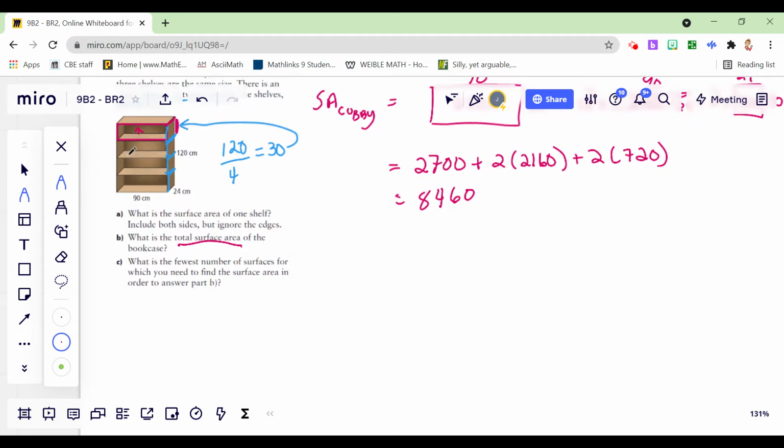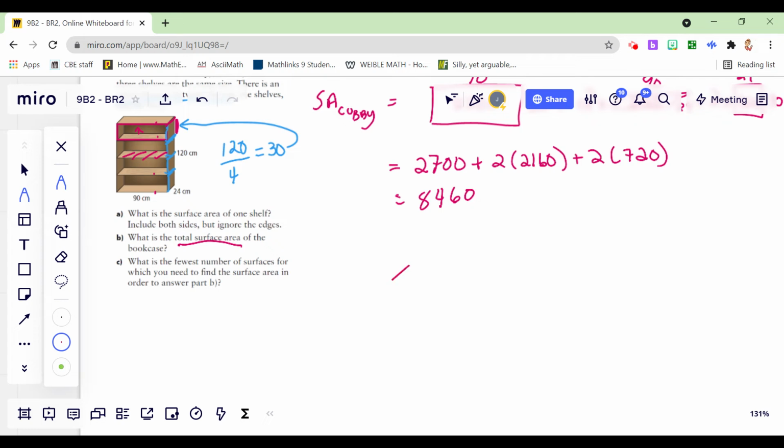There are these, okay, which we would have, there's 1, 2, 3, 4, 5 of them, but there's a top and a bottom to each of them. So if there's 5 and there's 2 sides, that would be a total of 10.